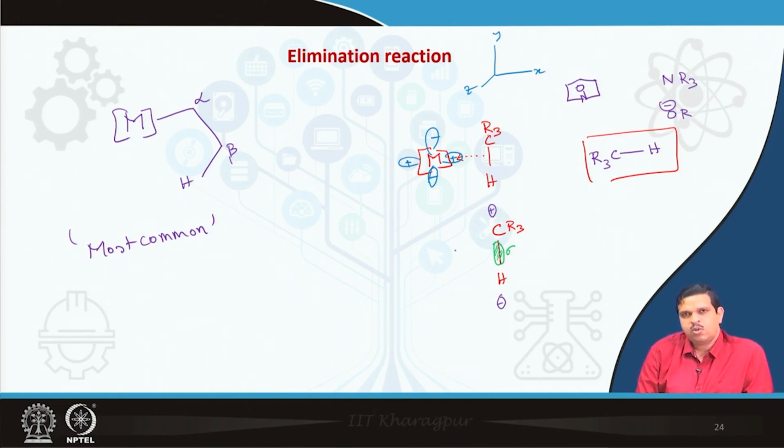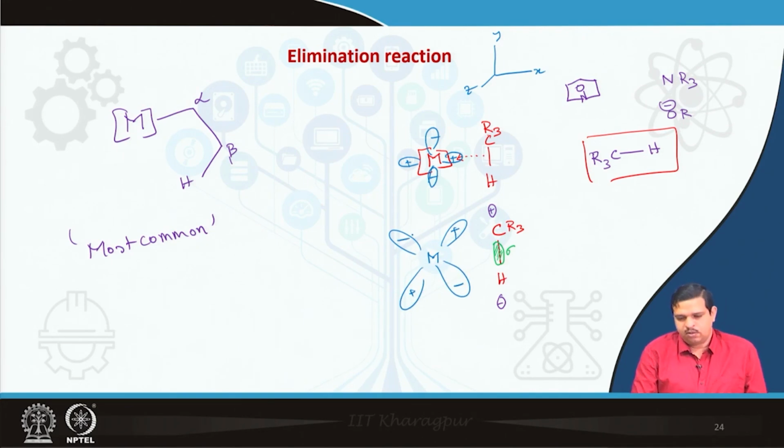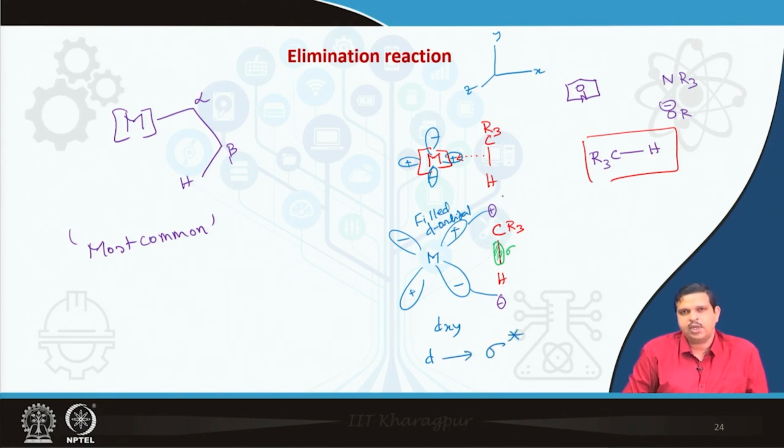What d orbitals will match with this symmetry? Any idea? Let us assume it is a dxy orbital. Now here you see it is perfectly matching. If you have a filled d orbital like that, then it will give electron density to the sigma star, from the d orbital to the sigma star of the CH.